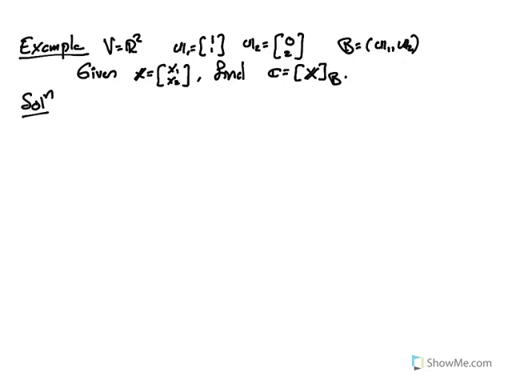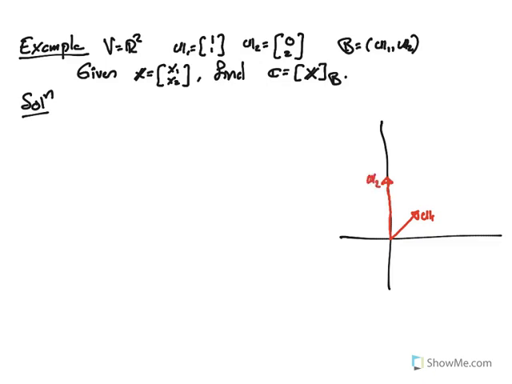Let's do an example in R2. So this is one of our easiest vector spaces, and now suppose that we pick a basis. It's a pretty simple thing. Here is U1. Here is U2.